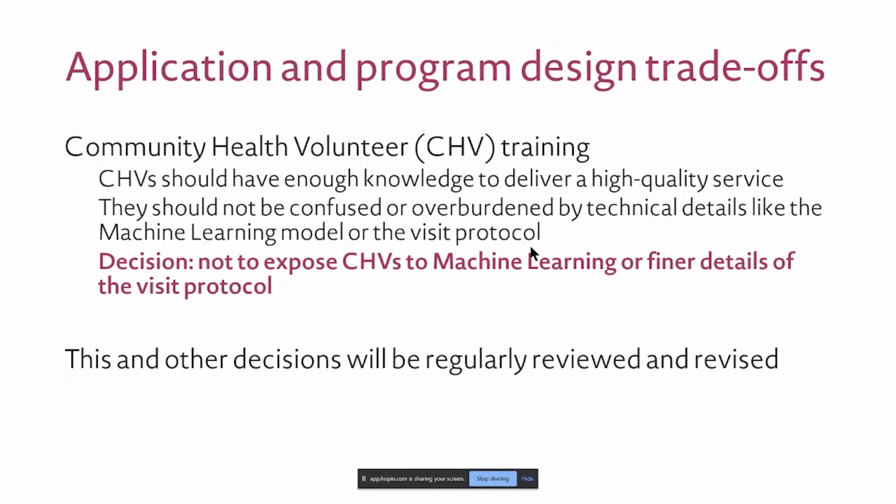So we did not expose them to any of these finer details, and we communicated this in a way that we use standard WHO protocols and national Zanzibar protocols, what we are doing, but in a way that tries to optimize their work. So this is just one of the decisions, and we debated extensively, and it's a decision where we did our health system informed, best informed guess, but we are aware that we need to regularly monitor this.